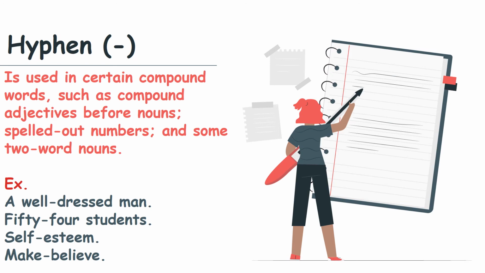And number 2, in spelled out numbers, like fifty-four students. Here, because I wanted to spell out the number, I needed to put a hyphen between fifty and four. And the last case is some two-word nouns. Make-believe. Self-esteem. I use the hyphens here because it's a two-word noun.